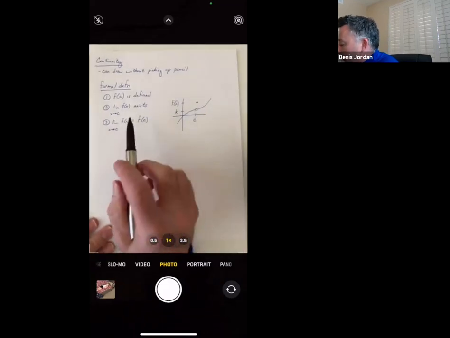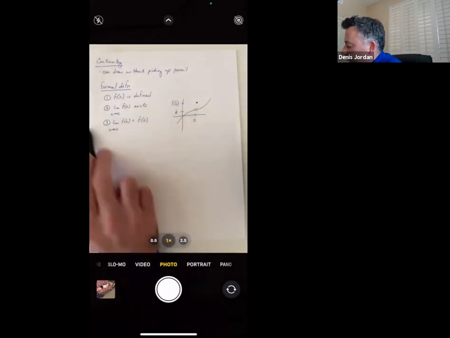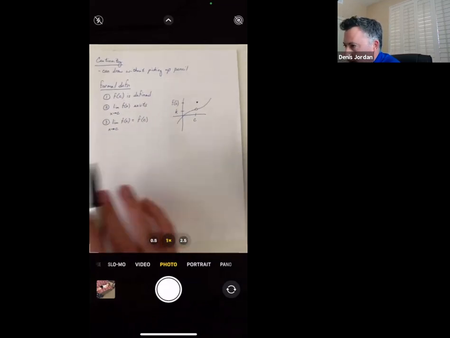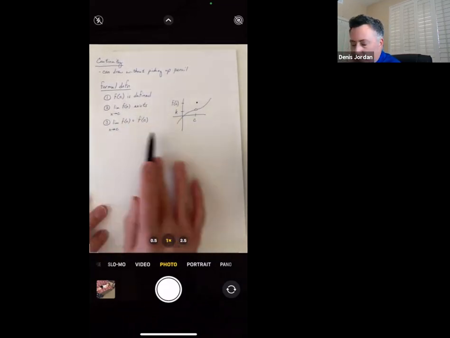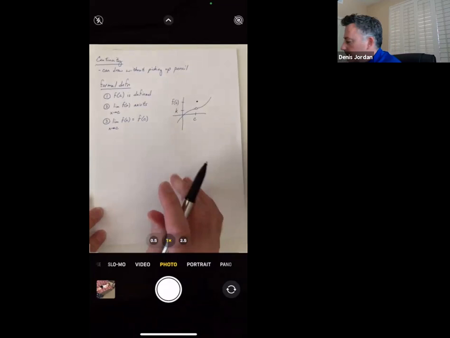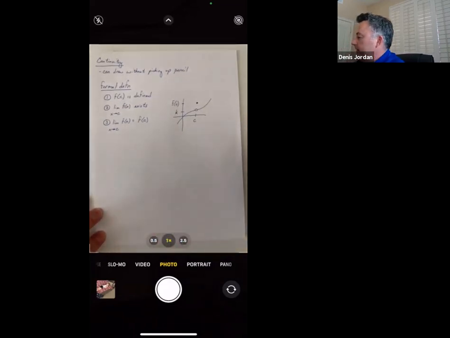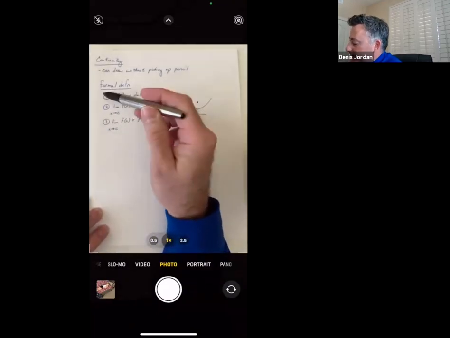Okay. Any questions on just what continuity is or this formal definition? Continuity is not hard to understand, but sometimes it gets a little bogged down in this definition part.